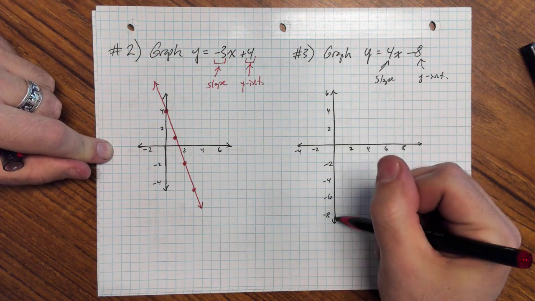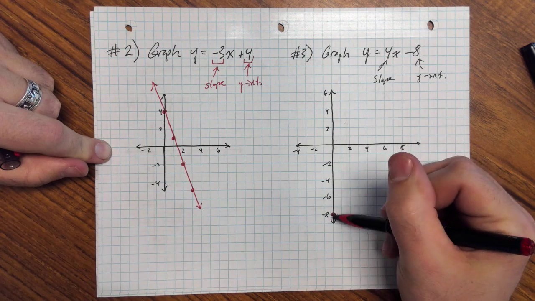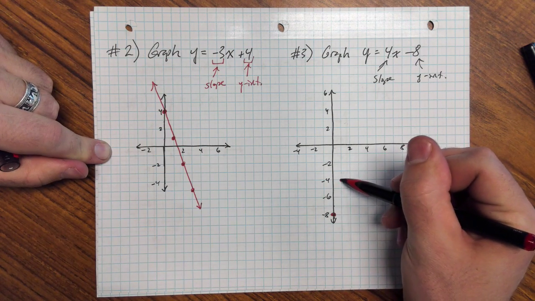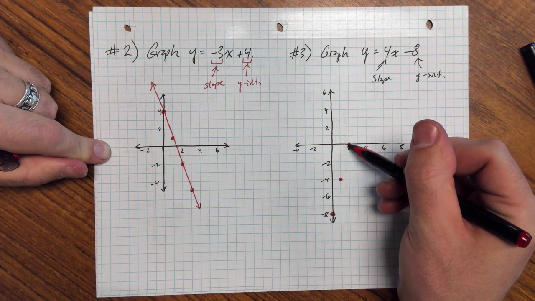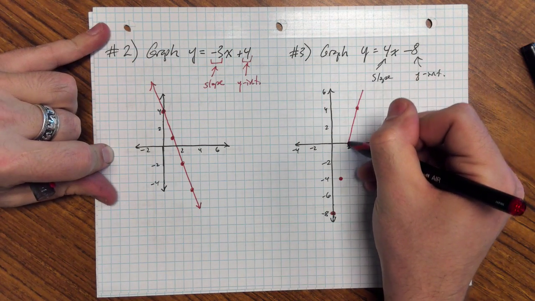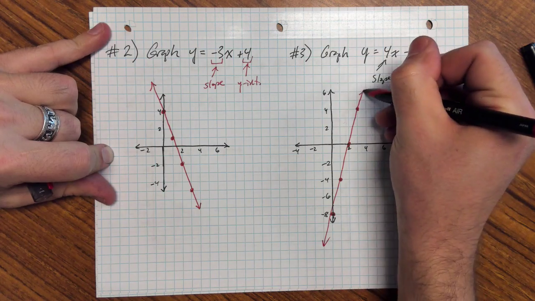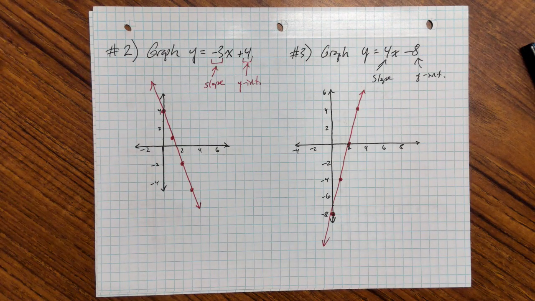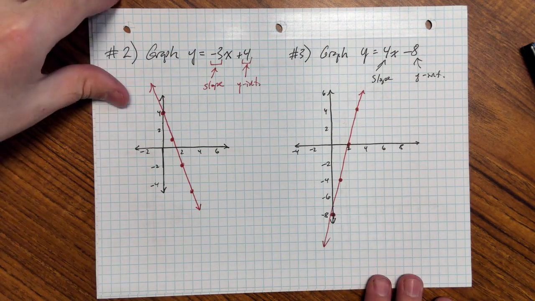My y-intercept is -8. I go up 4, over 1. Up 4, over 1. All right. So that's how you graph a line when it's in slope-intercept form.